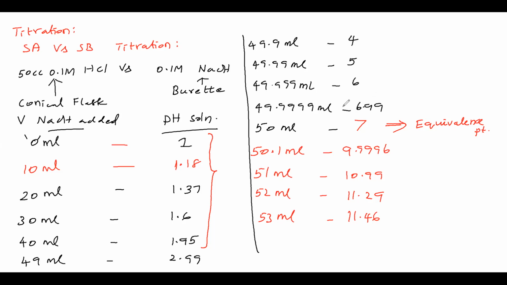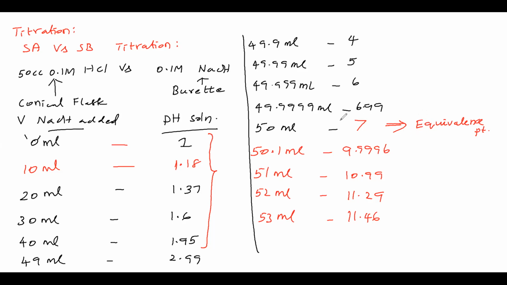That means from step to step, at every stage, 10 ml, 10 ml, the pH rise is much less, but as we go onwards the pH keeps on rising. The increase in pH is increasing drastically near the equivalence point.